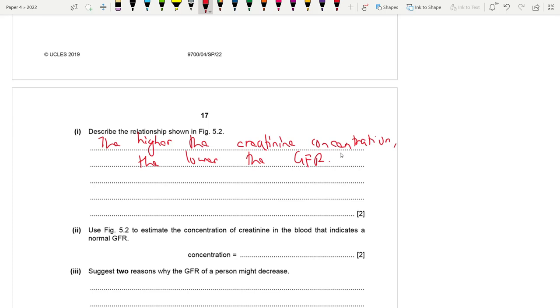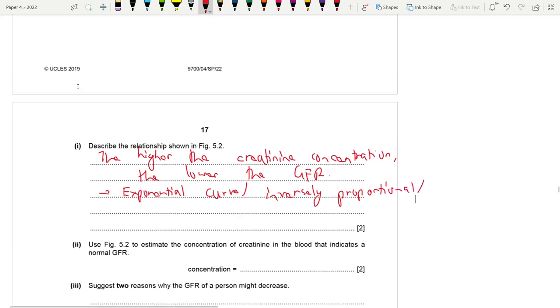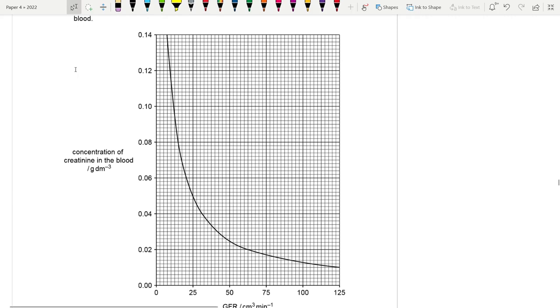Or you could say the other way around, just like I said a bit ago. So you could talk about another point. You could just say that it's an exponential curve, or you could say that it is inversely proportional, or you could talk about the data for 2 points, right?